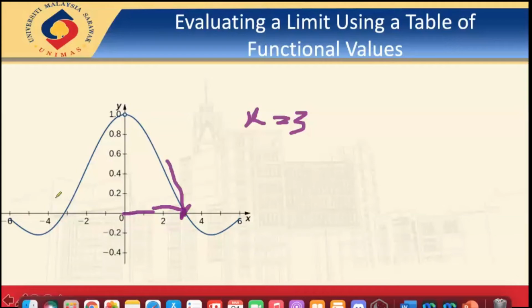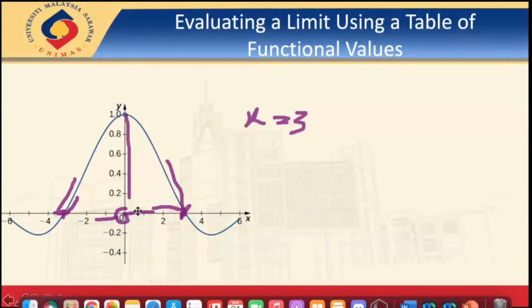And from the negative side also, near negative 3 point something, the graph comes down until it becomes 0. But when we come closer to 0, at x equal to 0, the y value is 1.